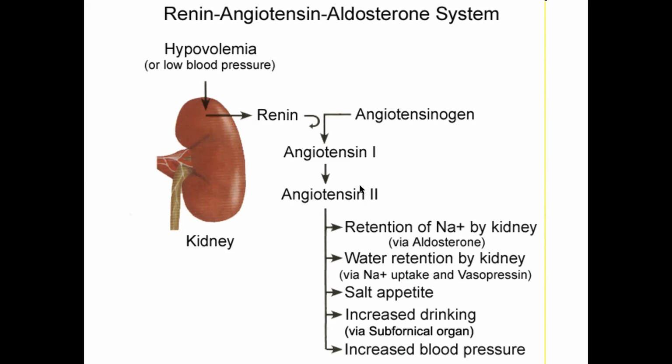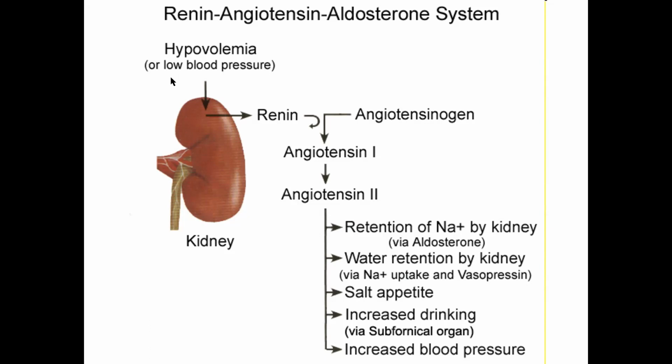And that's converted to angiotensin 2. And what it does in the body, the kidney retains sodium ions via this aldosterone.